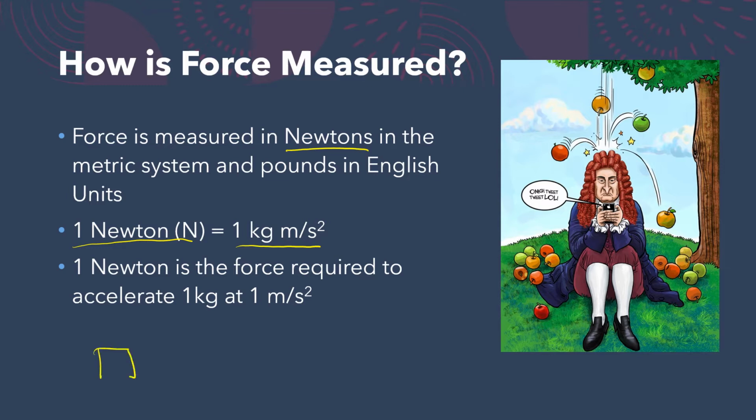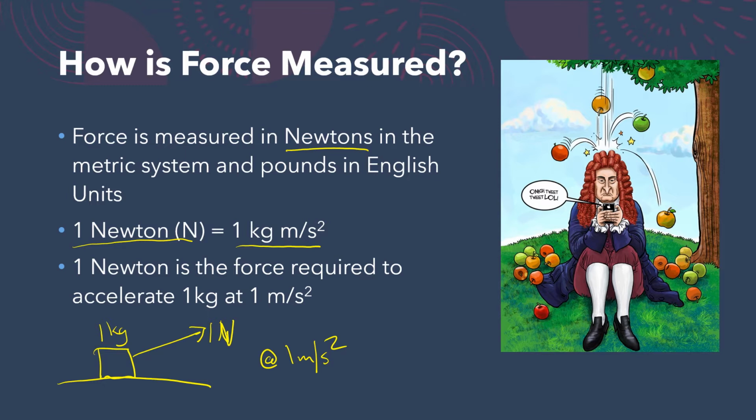So if you put a box on a table and you pulled on it, and that box was 1 kilogram, and there was no friction on this table, and you pulled on it with 1 newton worth of force, okay, that box would accelerate at 1 meter per second squared to the right.